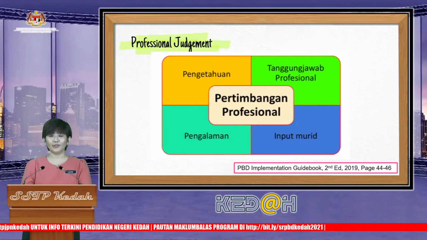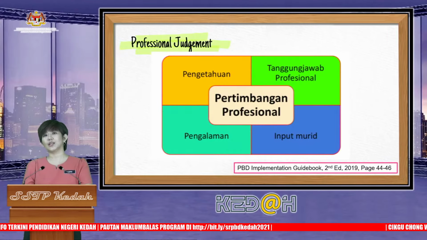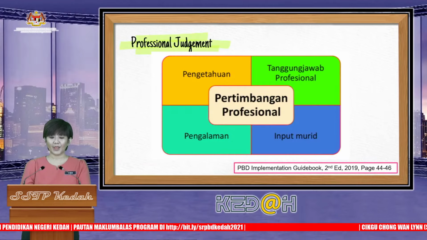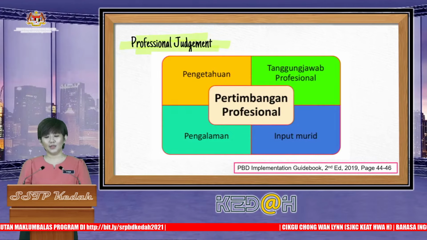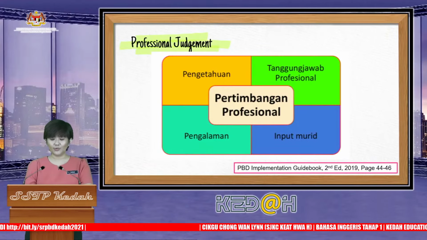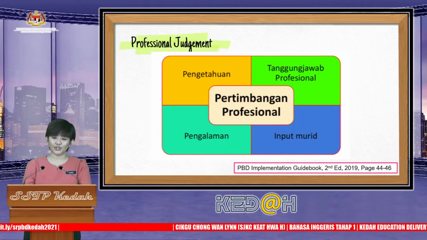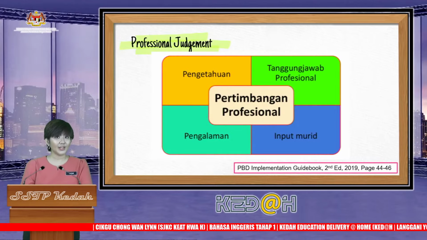So based on the teacher's subject knowledge, which includes the knowledge that we have about the curriculum, the assessment methods, and the strategies we use in class, together with the pupils' input, our own experience, and our professional responsibility, which is the ethics of being a teacher, we make our judgment about our pupils' level of performance professionally and ethically.